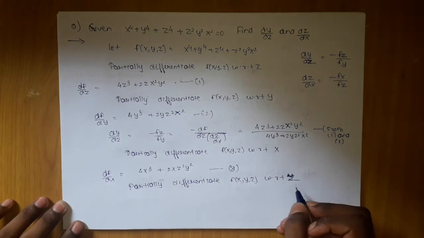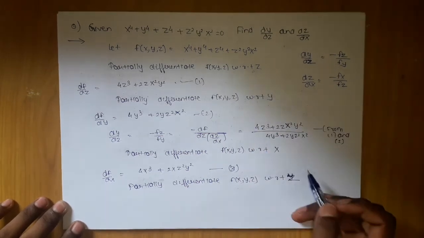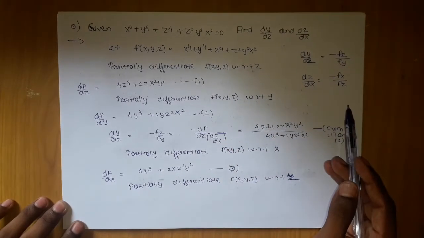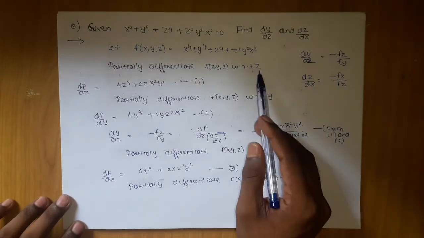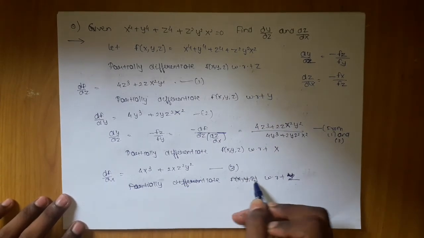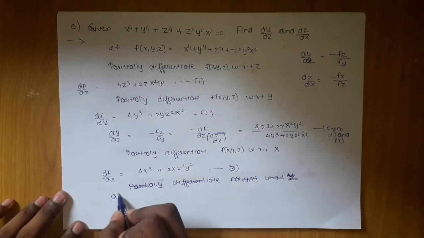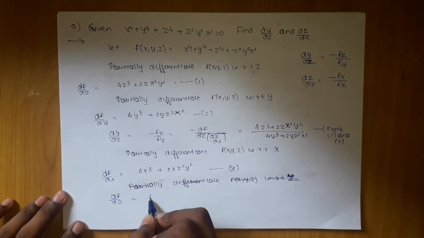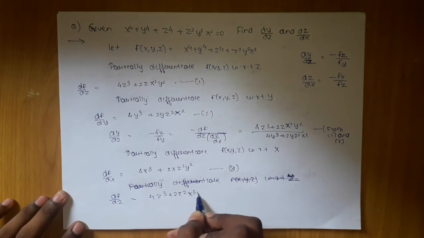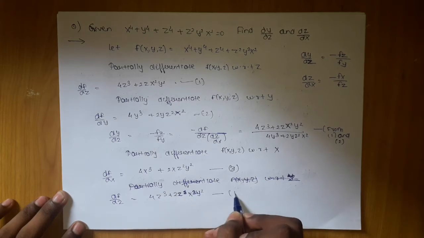Sorry, with respect to z. Okay, we already have that with respect to z, we don't need to write this. So dou f by dou z is nothing but 4z cube plus 2z square x square y square, from 1.